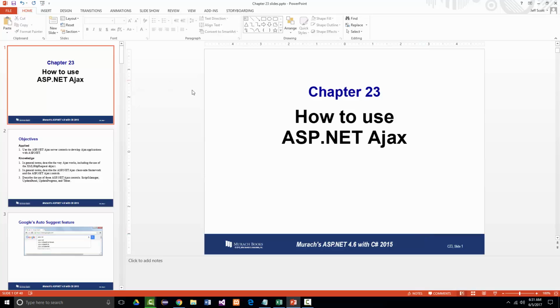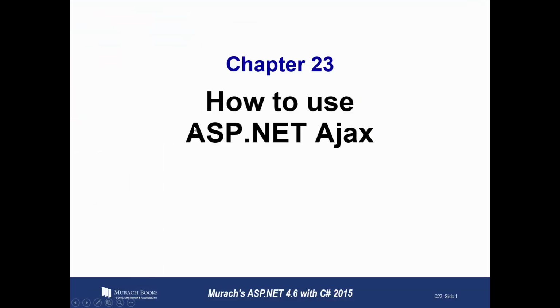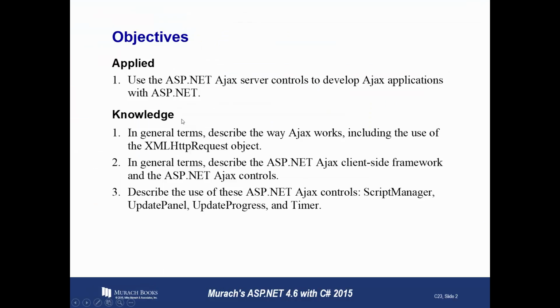So, we're into Chapter 23 on how to use ASP.NET AJAX. Our objectives: we have one applied objective, use the ASP.NET AJAX server controls to develop AJAX applications with ASP.NET.